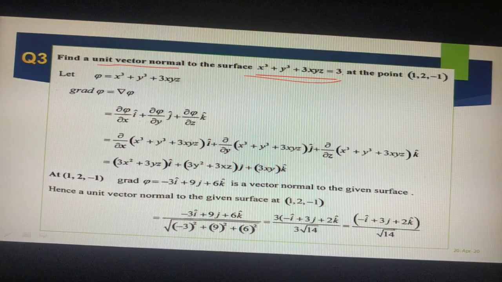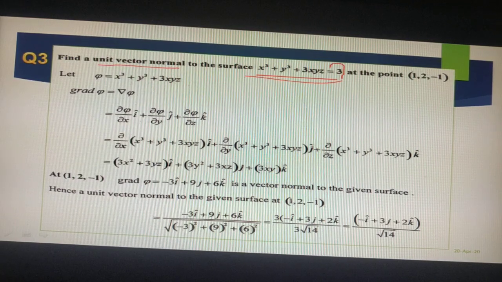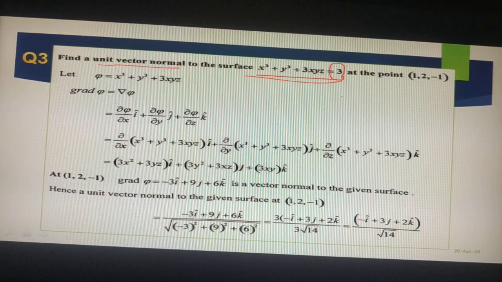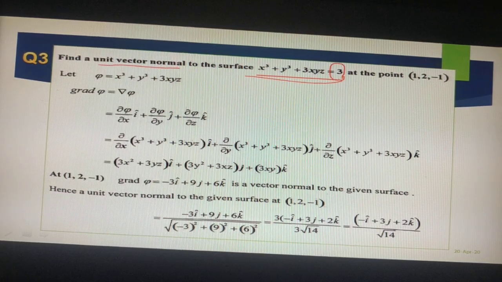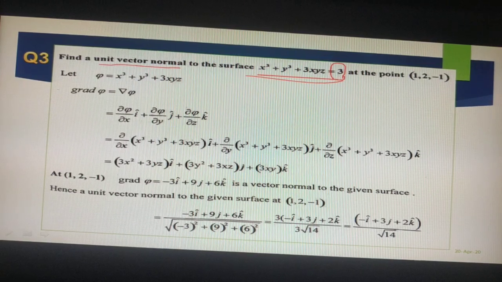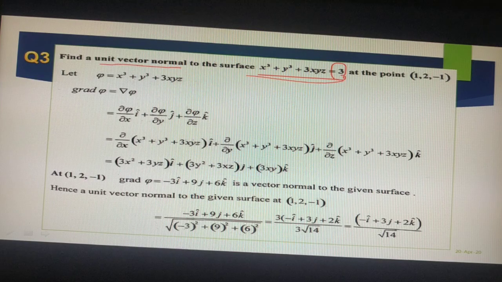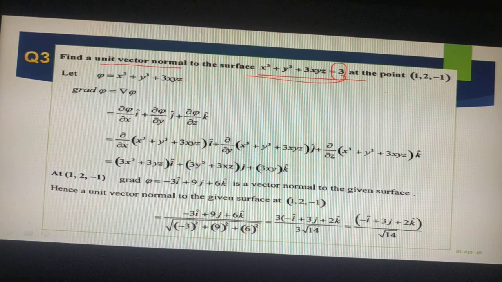Whether you consider this constant or not doesn't matter, because it tells you that a uniform slope will be there, what we call a level surface. Then at this point we have to find it out.